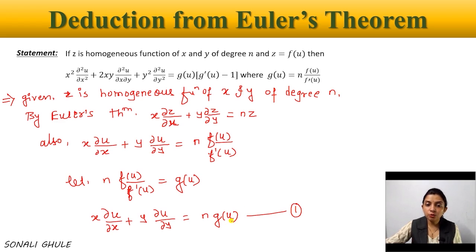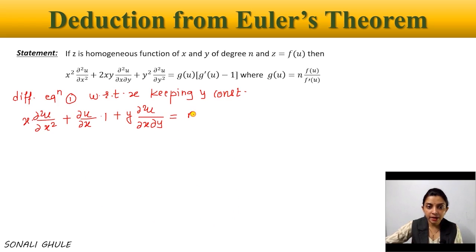This g of u depends on x, so I take the derivative: n into g dash of u, and the derivative of u is ∂u/∂x. But you can see this double derivative is multiplied by x square, while here it is multiplied by x only. So we have to multiply this equation by x.